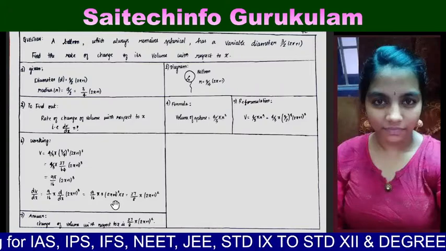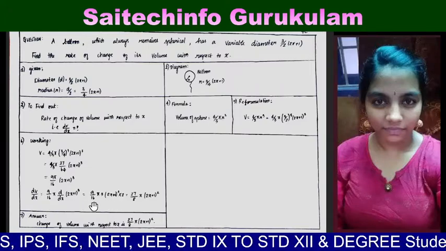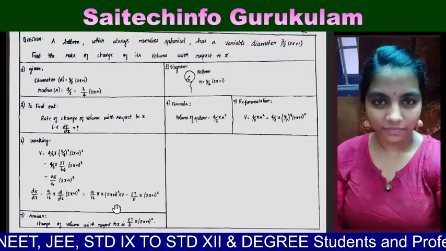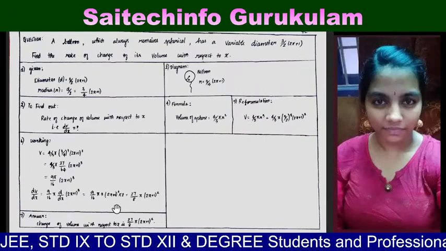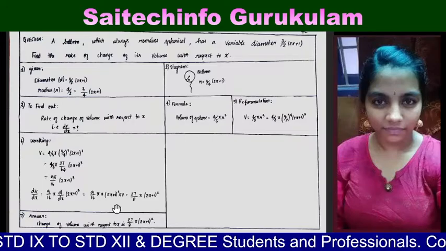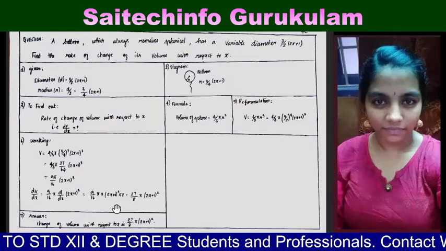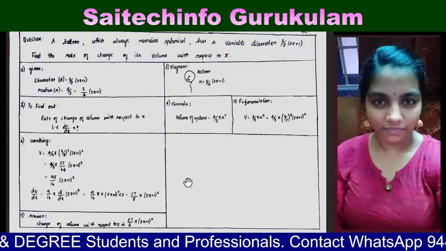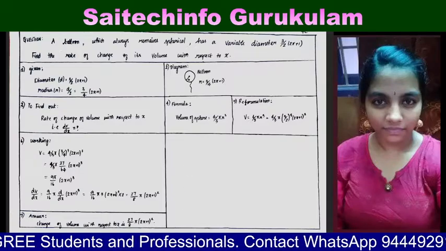So dV by dx is equal to 9 by 16 pi d by dx of 2x plus 1 the whole cube. On further simplification, we get 9 by 16 pi 3 into 2x plus 1 the whole square into 2. Here in this 2, I have differentiated 2x, which gives me 2.